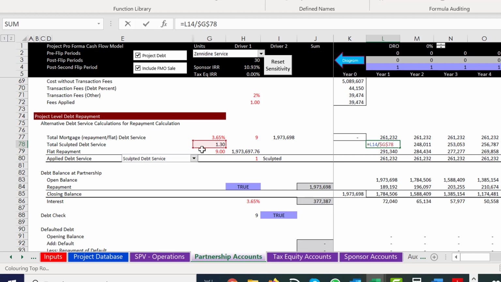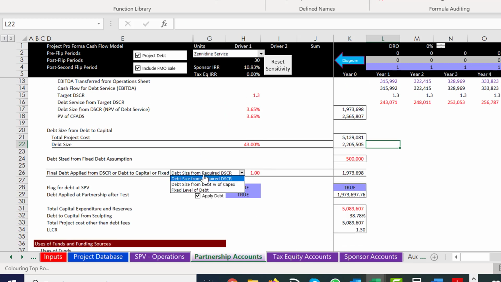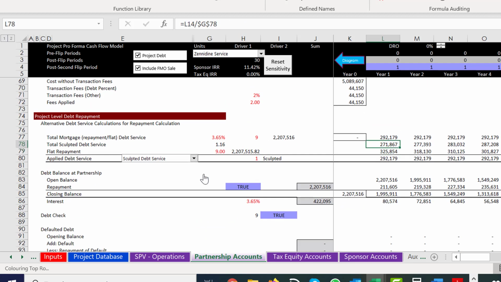This is simply the DSCR. That's the target DSCR we put in. Now, if you would size the debt from the CapEx, well, then we need to repay the debt, and since we had more debt, we have to use a lower DSCR.